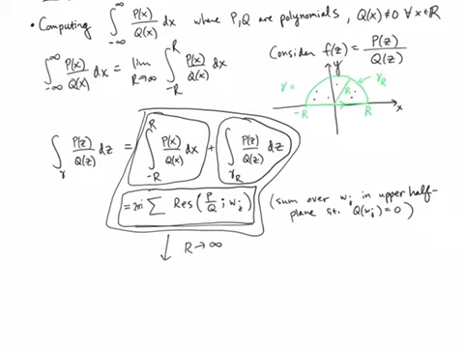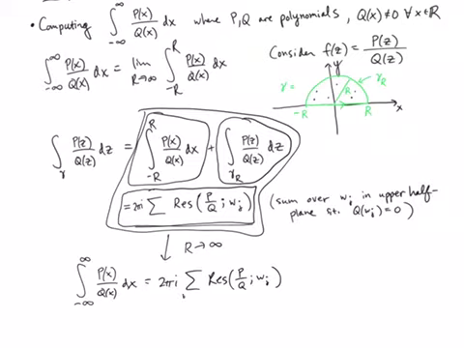Right? So what we're going to get is that the integral from negative infinity to infinity of p of x over q of x dx equals 2 pi i times the sum of the residue of p over q at wj, where this is over wj such that the imaginary part of wj is greater than 0, so those wj are in the upper half plane.